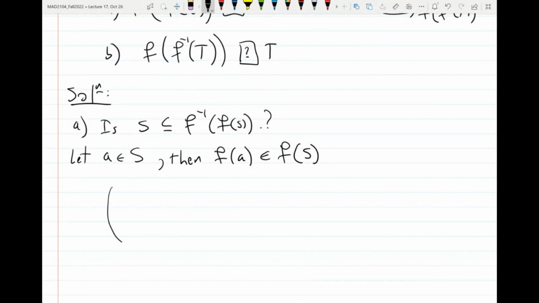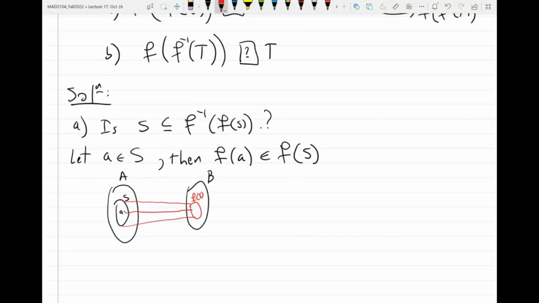So let me show you the picture. So here is A, here is B, here we have S, and here is the little a that I'm taking, right? Now, the image of S is here. Where does F of a go? In here. Do you understand this?